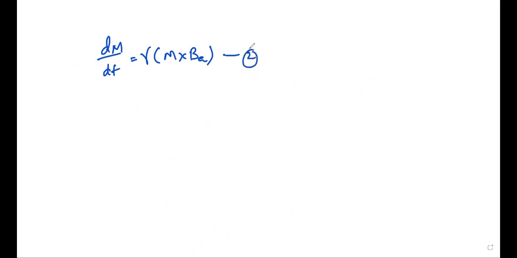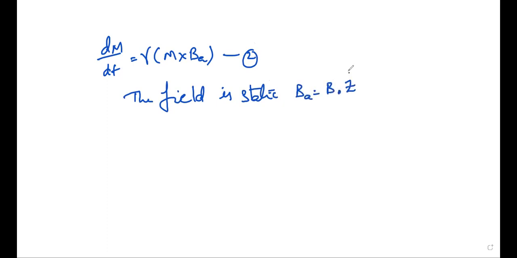We place the nucleus in a static field. Then B is equal to B naught into z cap, where z cap is a unit vector.